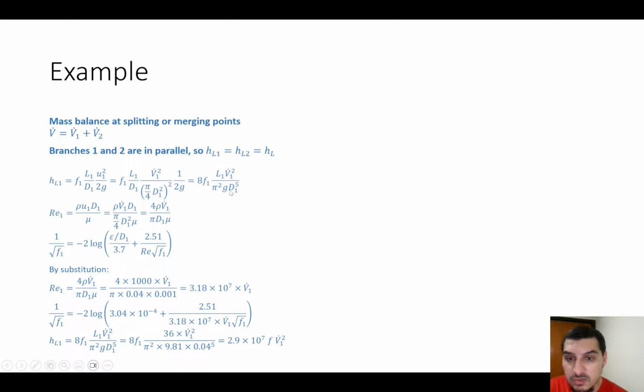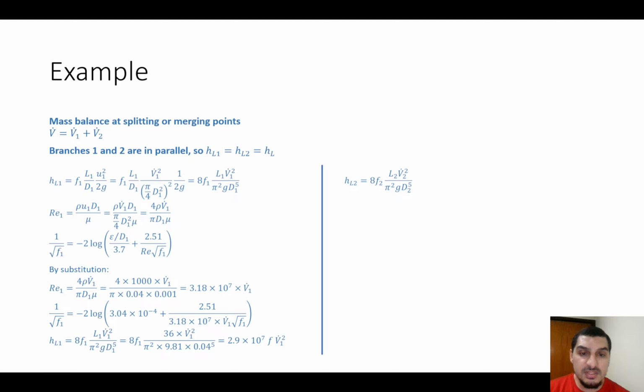In HL we know everything except the volumetric flow rate and F1. So now we are putting the HL1 in terms of F1 and V1 power 2. So this is the set of equations we have for the first branch.